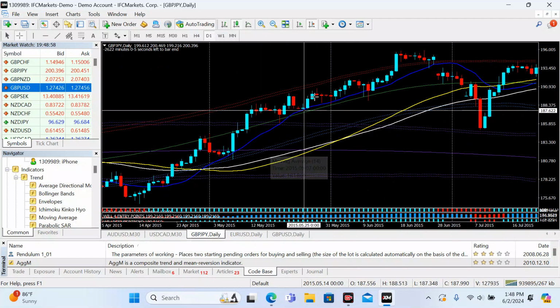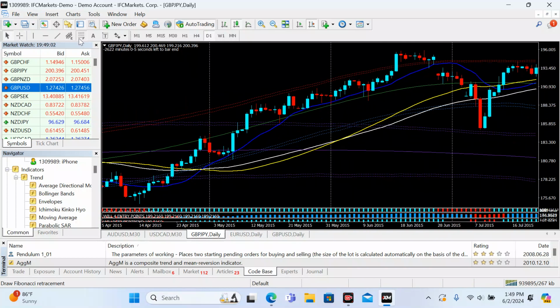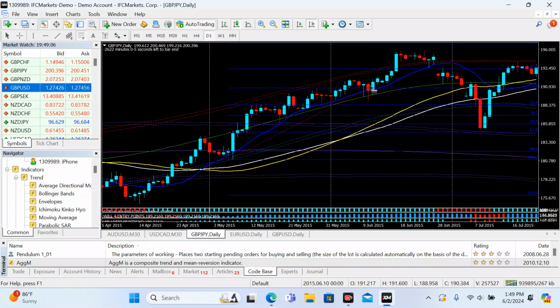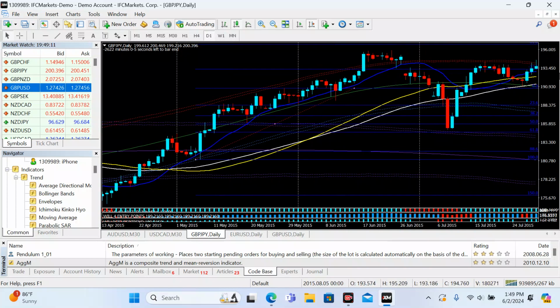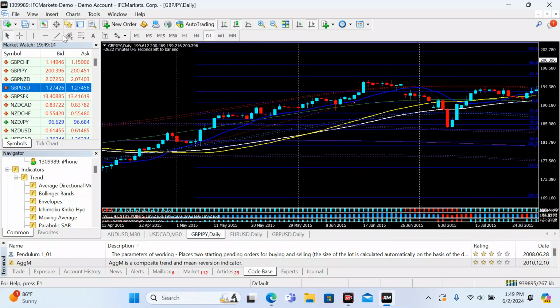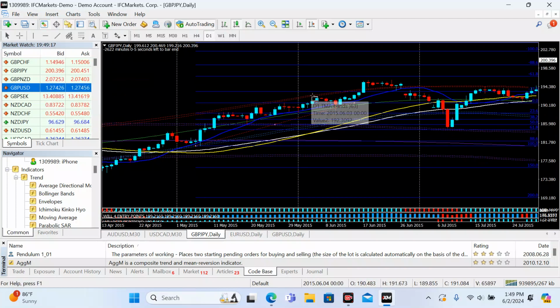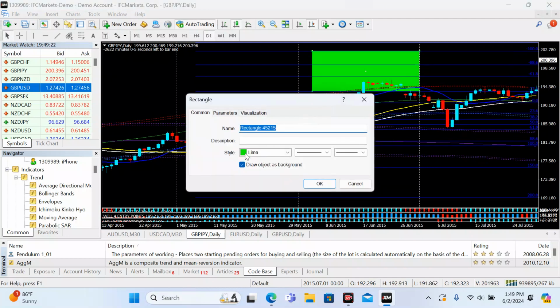This month was a bullish Fibonacci, so we would have already known the sell areas for this month. We would have pulled the Fibonacci from the low to the high point, and we would have already known our sell areas were -27 and above. So we would have already known our sell areas were right here.